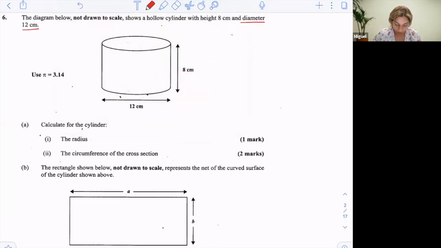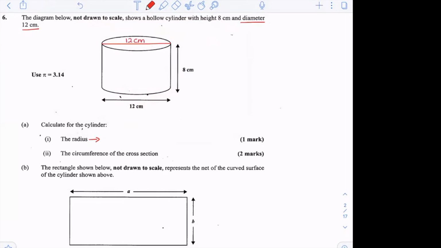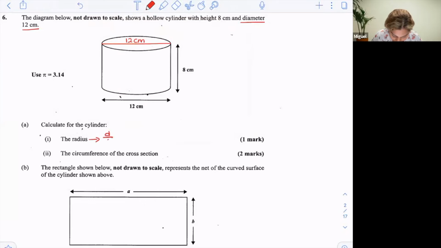So how am I going to find the radius? It'll be half of the diameter. So the radius is the diameter divided by 2. So half of 12 is 6 centimeters. Do you all understand that?